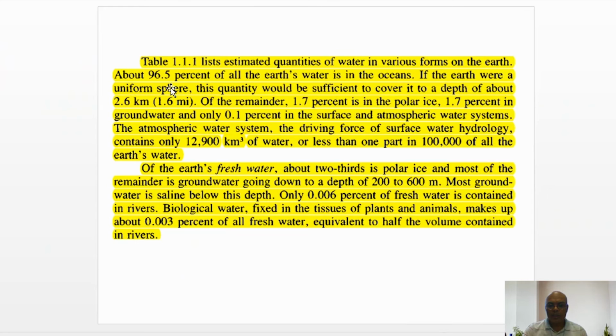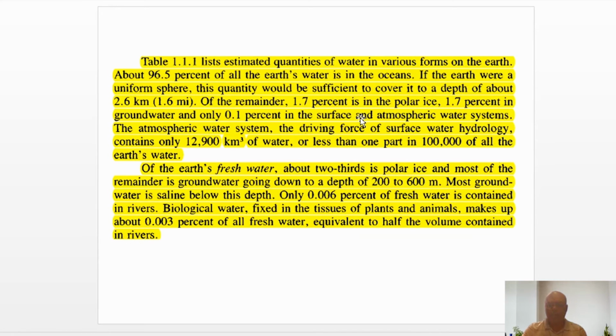Of the 3.5%, 1.7% is in polar ice, and another 1.7% is in groundwater, and only 0.1% is in the surface and atmospheric water system.